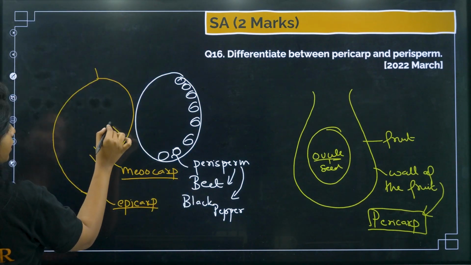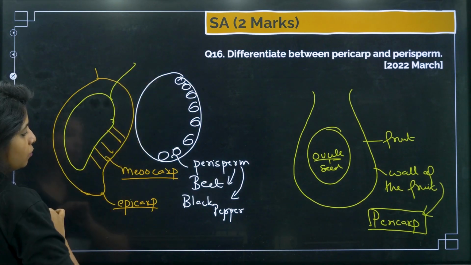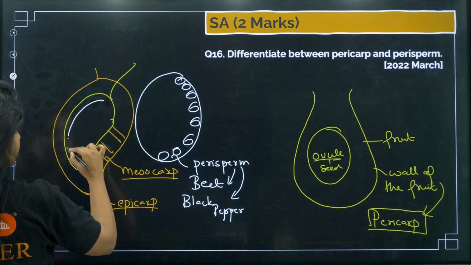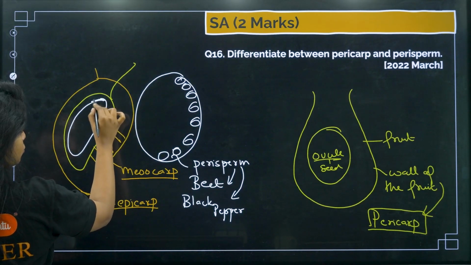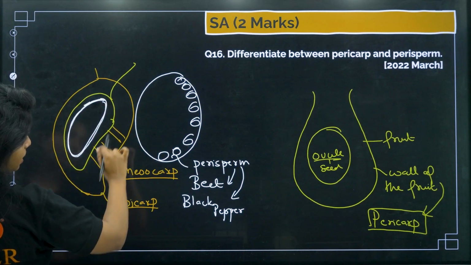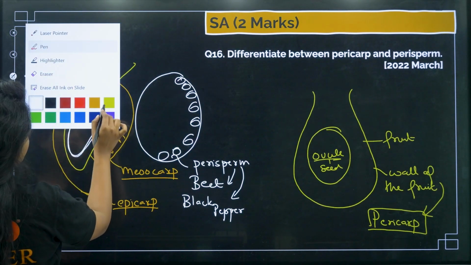Inside that you might find one hard covering, which is known as what? It is not the seed coat. Inside this you will be having a seed, which is the fertilized ovule, and the seed will be having its seed coat. That is a separate thing. But this hard structure that you find is known as endocarp.